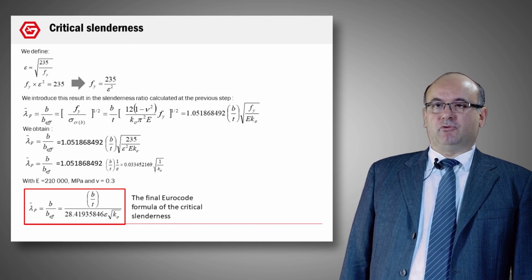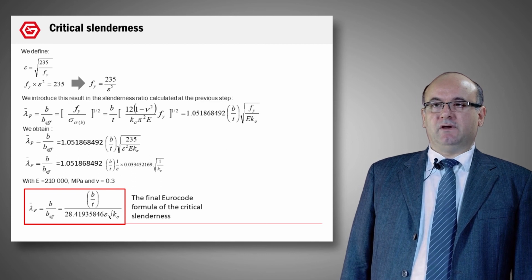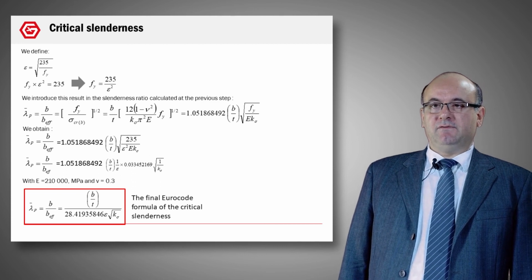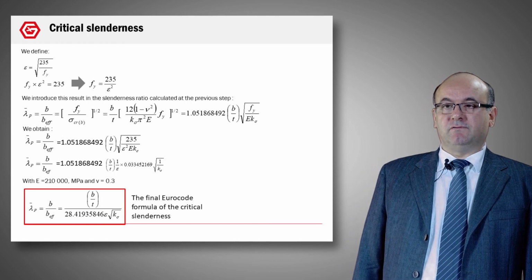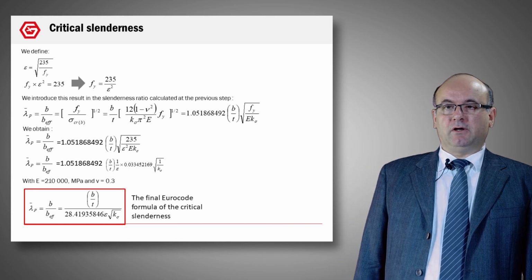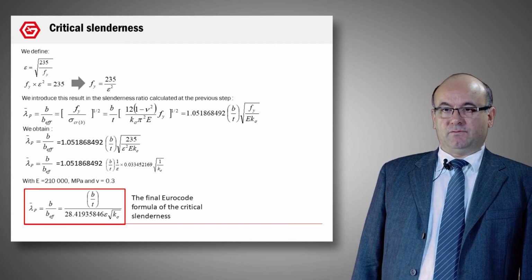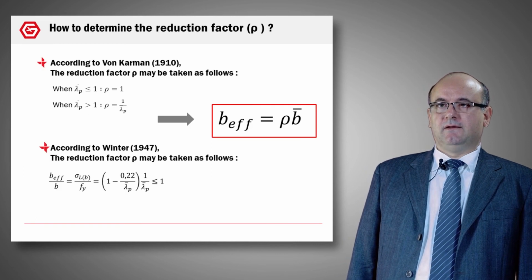By this approach, we can define now a slenderness, lambda p bar, by the two expressions that are given here. And if we use the fact that we know the value of E and we know the Poisson ratio of 0.3, we obtain a new value of the lambda p bar that is exactly the formula given in the Eurocode.